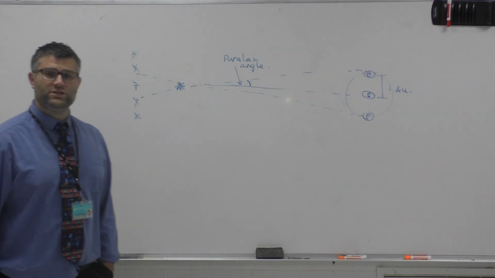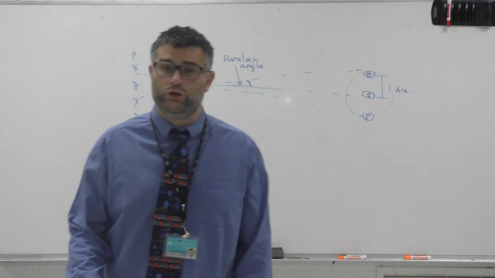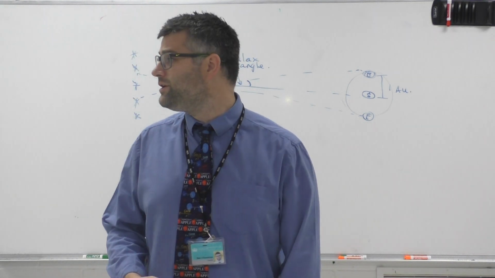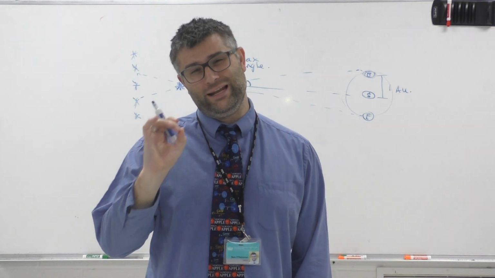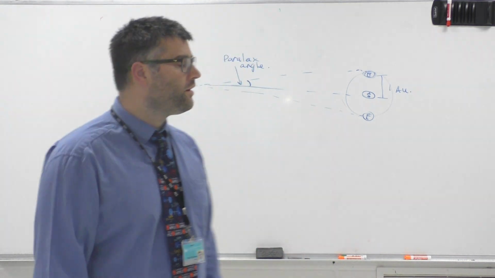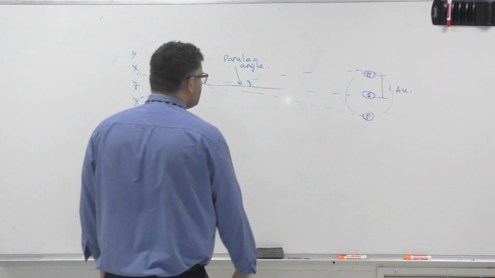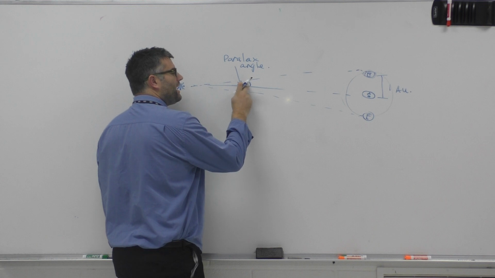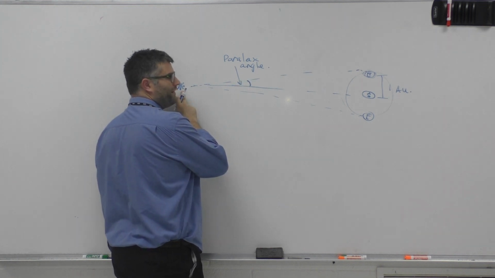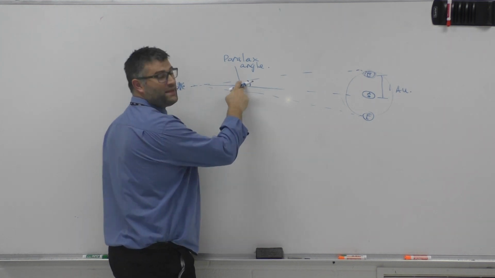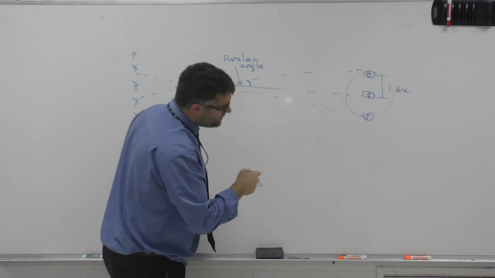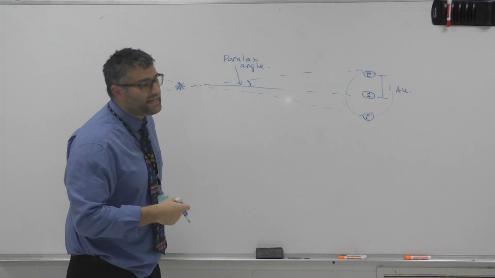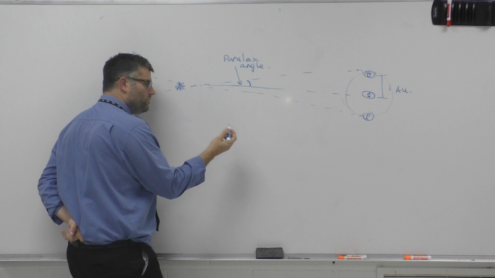So what we can actually do with this is we can assume another unit. We can make up another unit that makes our lives really easy. But in order to do that, obviously, as you can imagine, these stars are really far away. So these angles are going to be absolutely tiny. So we need to know how we measure tiny, tiny angles. Well, how do you normally measure an angle?